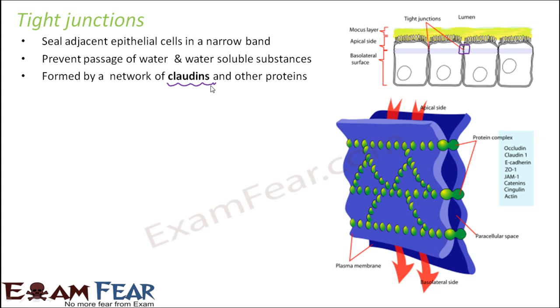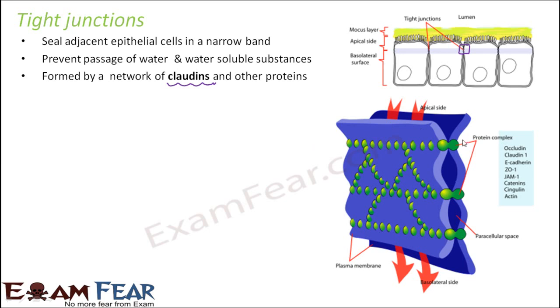Basically all these junctions, whether we talk about tight junctions, adhering junctions or gap junctions, are composed of proteins, right? In some junctions, some type of protein is predominantly present. For example, in tight junctions, claudins are the predominant proteins, but along with claudins some other proteins are also present. You can see that in this picture.